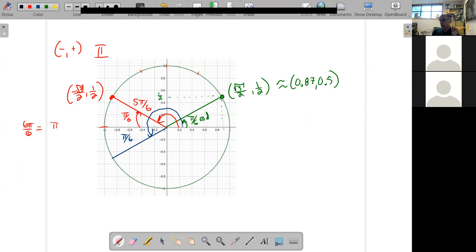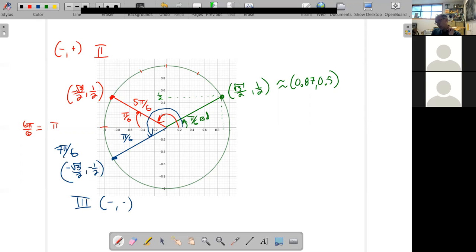So pi is 6 pi over 6, so this angle right here must be 7 pi over 6 to get to that point. And now I am in quadrant 3, and in quadrant 3, x is negative and y is negative. So that point right there must be the point negative square root of 3 over 2, comma negative 1/2.